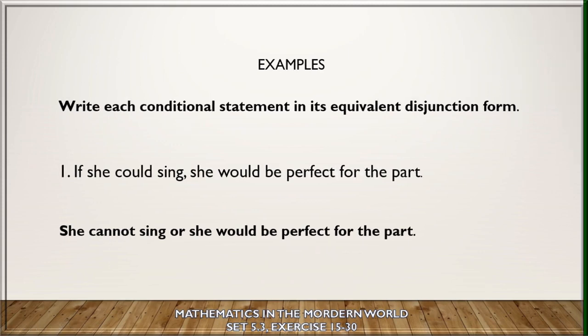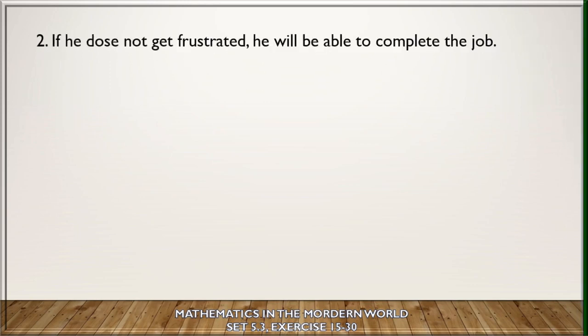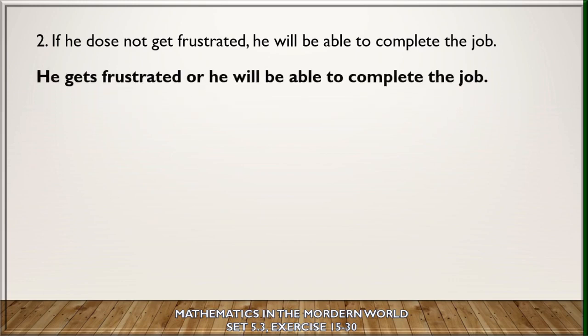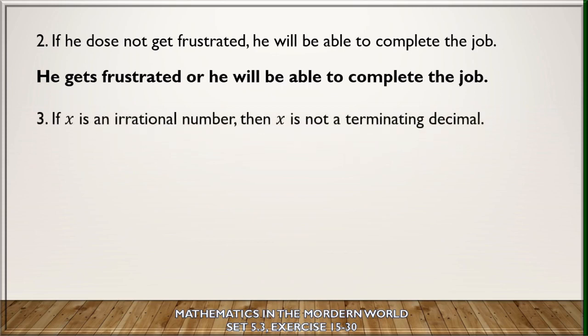Now we go to number 2. If he does not get frustrated, he will be able to complete the job. So to write it in its equivalent in the form of disjunction, it will be he gets frustrated or he will be able to complete the job. Number 3, if x is an irrational number, then x is not a terminating decimal.